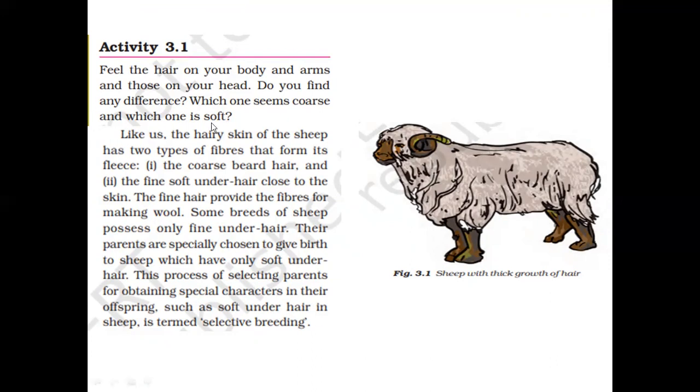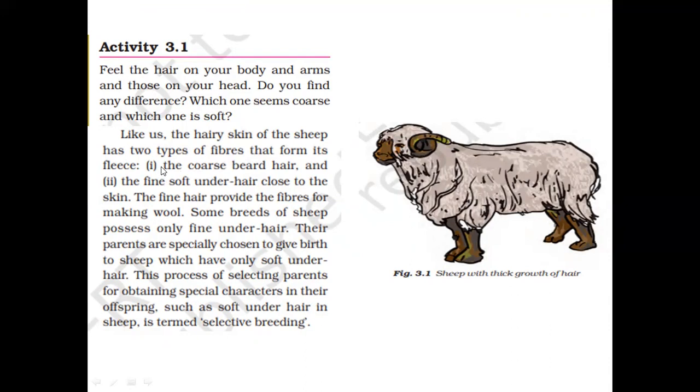Just like us, the hairy skin of the sheep has two types of fibers that form the fleece. We know that we have different textures of hair on the head and on our body, and in the same way also in the case of the sheep.